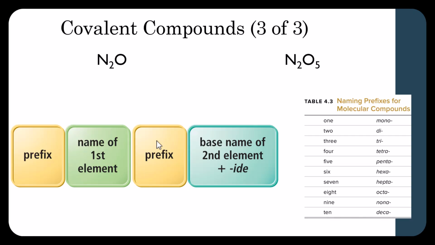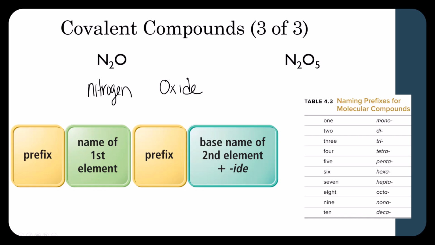Let's look at this first example together, the N2O. I'm going to get the part down that I already know how to do. I'm going to write the name of the first element, nitrogen. Then the base name of the second element plus IDE. The base name for oxygen is just ox, and I'm going to add IDE.